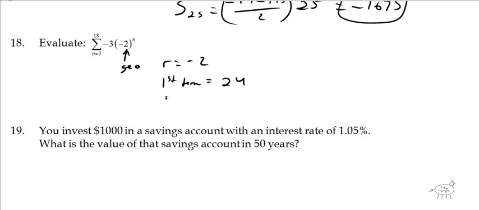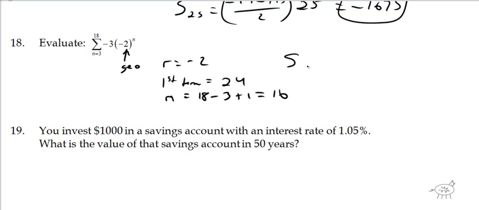And what else do we need here? We need R and N, right? Well, the number of terms is just 18 minus 3 plus 1. So 15 plus 1 is 16.